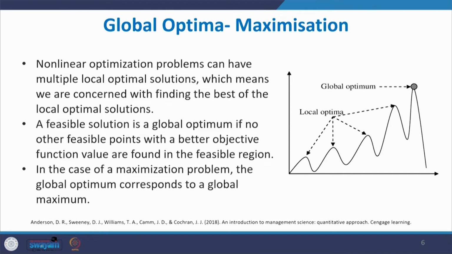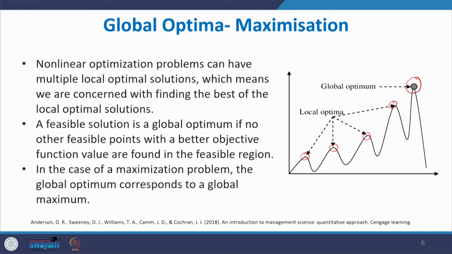Then what is the meaning of global optimum in the maximization context? Look at these points, they are local maxima. This is one local maximum, another, another, another. Among these local optima, this point is the highest point, so this is called the global optimum. Previously we discussed local optima, now I am discussing the global optimum.